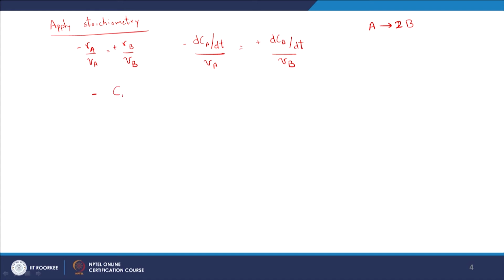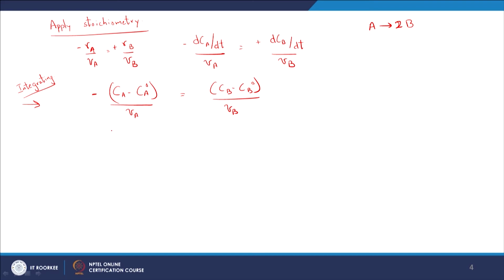C2 minus C1, as in Ca minus Ca naught, divided by the stoichiometric coefficient of A. We are talking about with respect to time obviously, and the change here is going to be equal to Cb minus Cb naught divided by the stoichiometric coefficient of B. This is obviously after integration, the change, so this comes about after integrating the previous equation, and this is what you see here, Cb minus Cb naught.